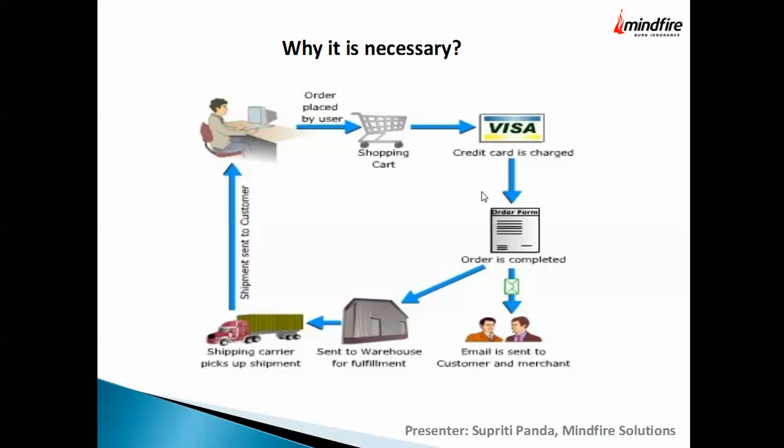After the credit card is processed, the customer is redirected to the order form, but along with that PayPal will send a notification to the server where the application exists.